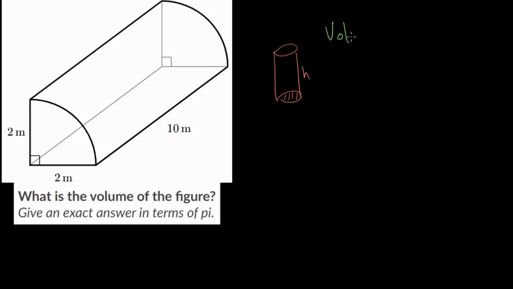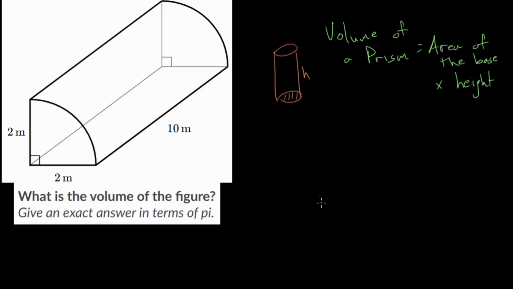If we want the volume of a prism, we will multiply the area of the base by the height of the figure. So if we can figure out the area of the base, we can then just multiply it by its height, or in this case maybe its length along this edge here.